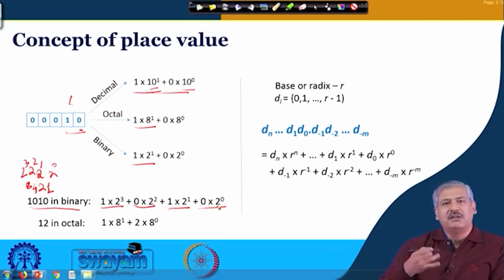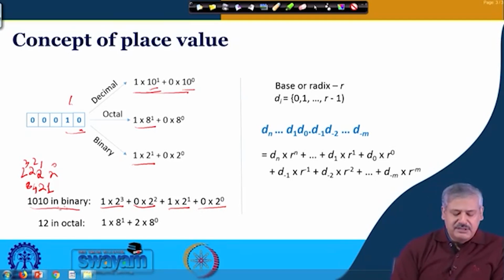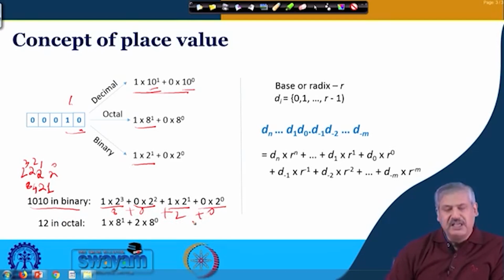If we look at the odometer, the example that we had seen in the previous slide, if you add them up, this is 8 plus 0 plus 2 plus 0. So, 10. So, it was decimal 10 equivalent that we had seen in the last row. Similarly, in octal, it is 1 into 8 to the power 1, that is 8, and 8 to the power 0 is 1, and 2 is a valid digit.